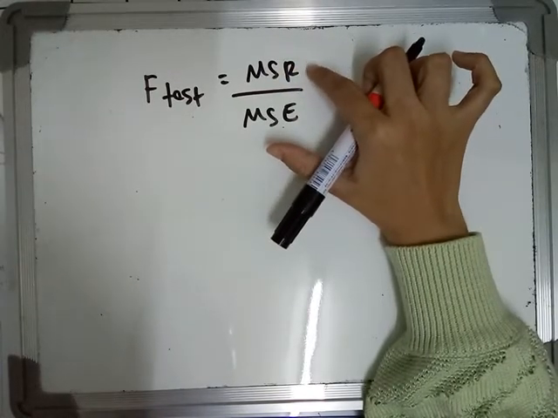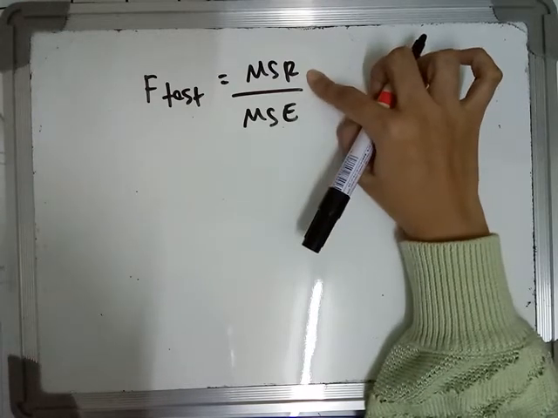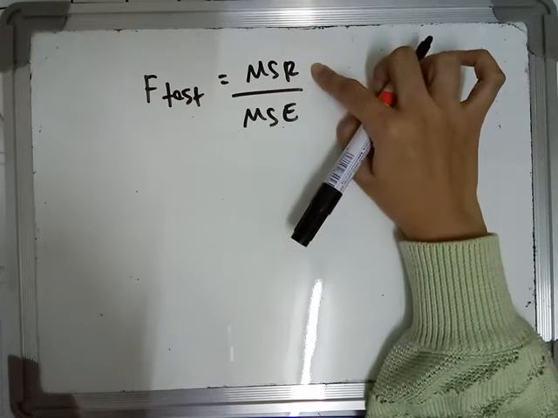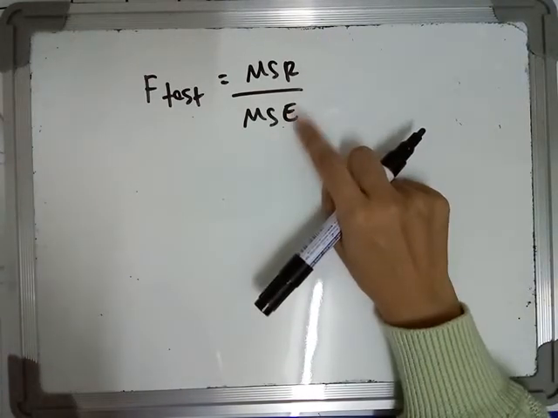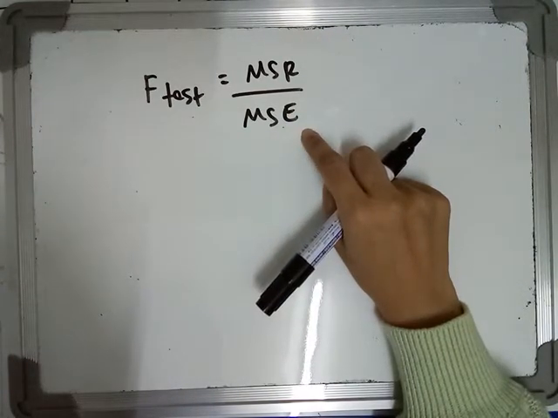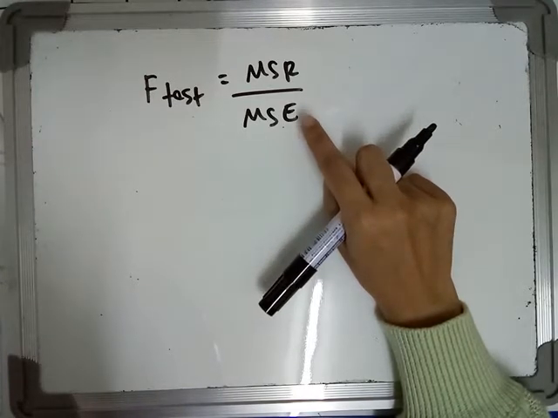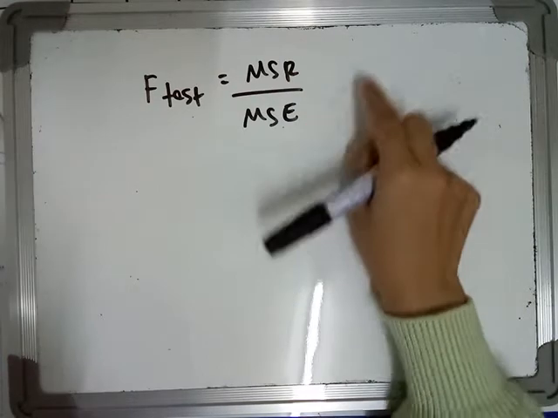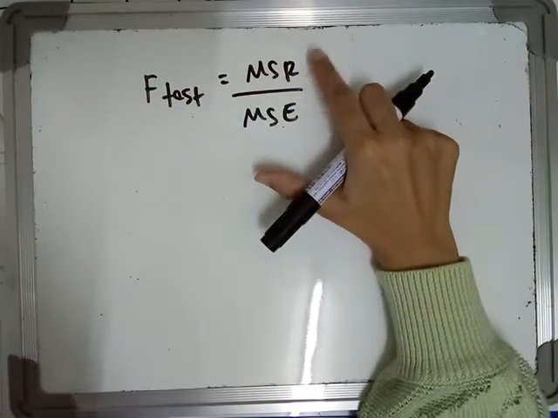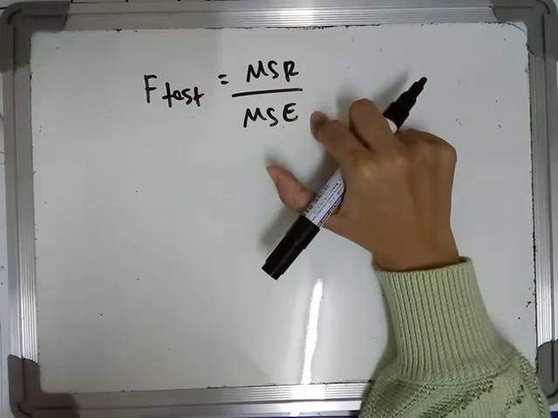It is the population variance between the sample means. We need to find the population variance between the sample means. MSE is the mean square error. We need to find the population variance within the samples.